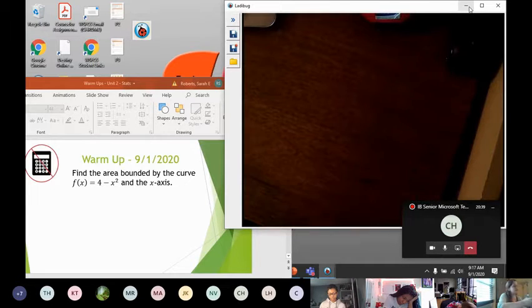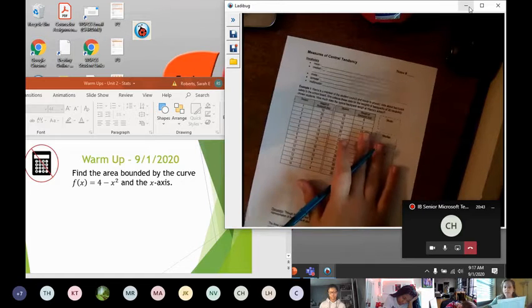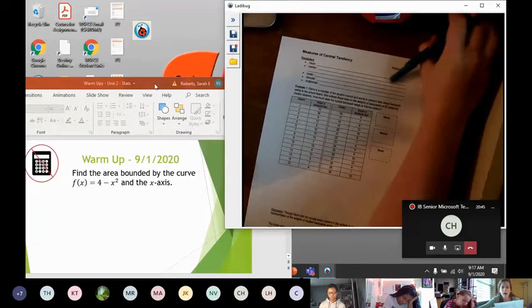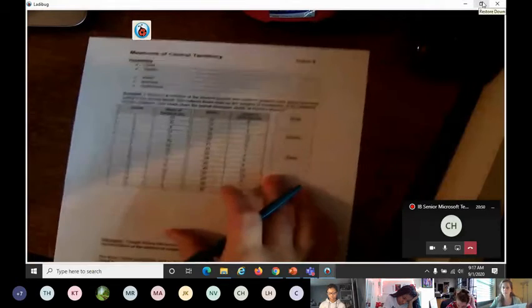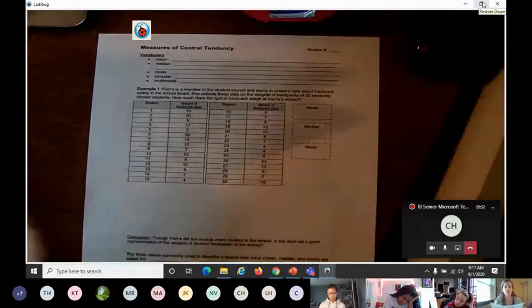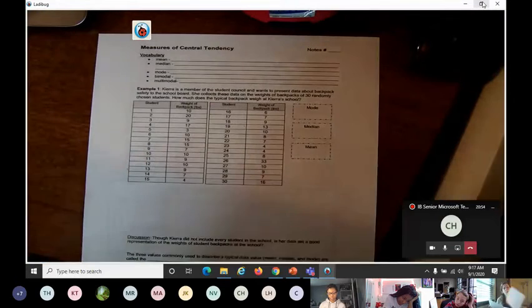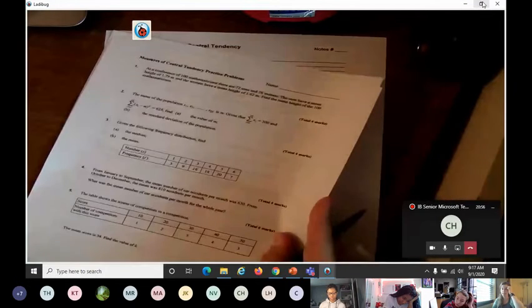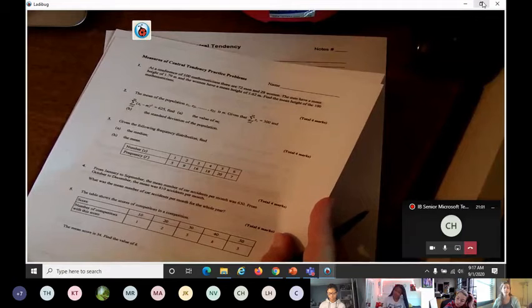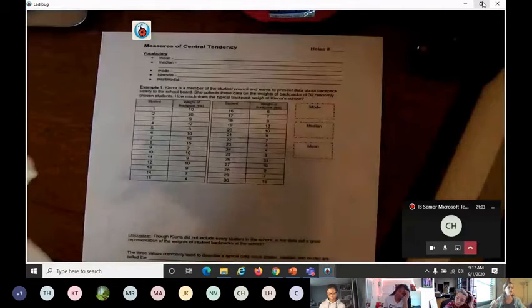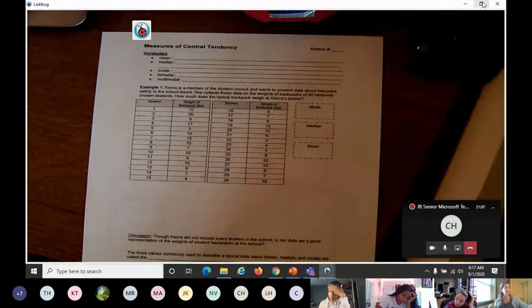So the next thing on our to-do list is these measures of central tendency notes. You will do this, and then there are practice problems that look like this that you will do for classwork today. And then you also have homework. You also have a quiz over linear regression on Thursday.